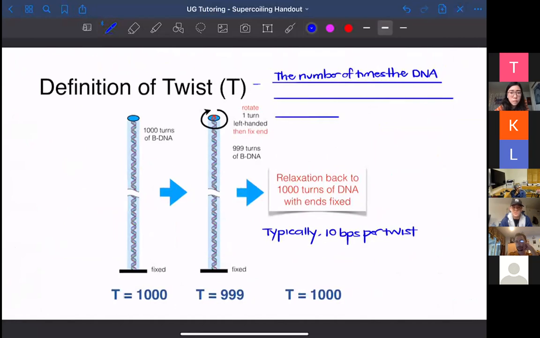So the twist, I think you covered this in more depth in class. I think Professor Kurian usually draws out a DNA helix to explain it. The twist is the number of times the DNA backbone goes around the local helix axis.